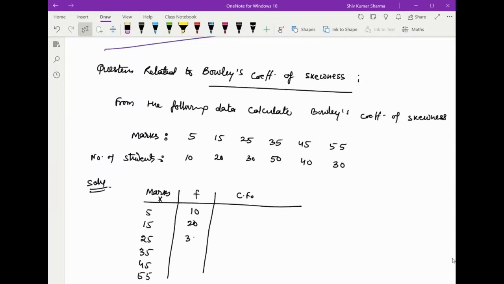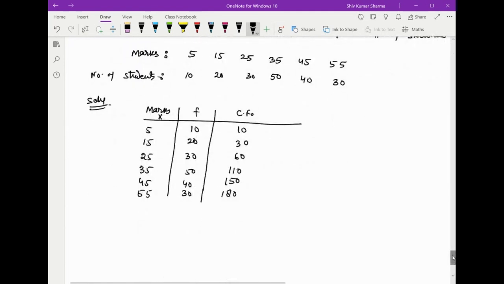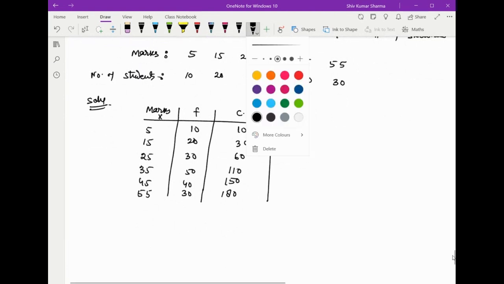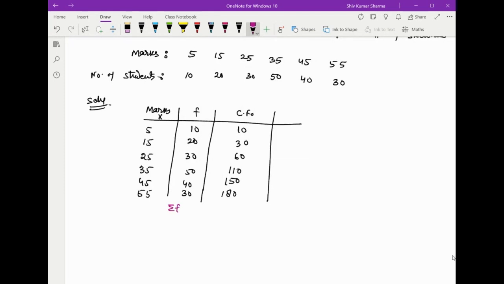Frequency: 10, 20, 30, 50, 40, and 30. Cumulative frequency: 10, 30, 60, 110, 150, and 180. Now we need to calculate the summation of f, the sum of all the frequencies, which is 180.